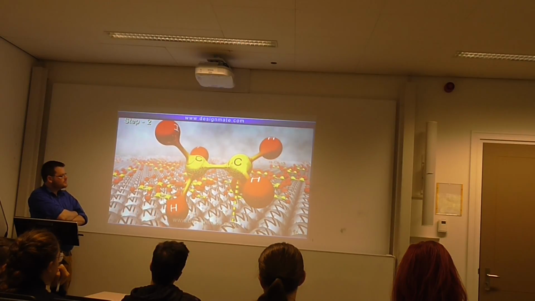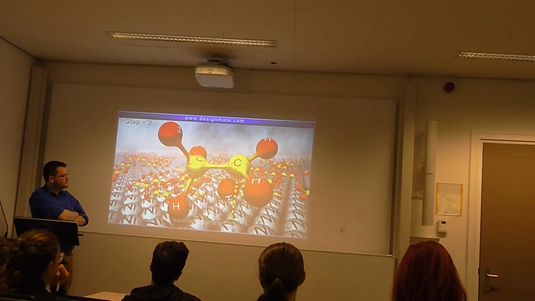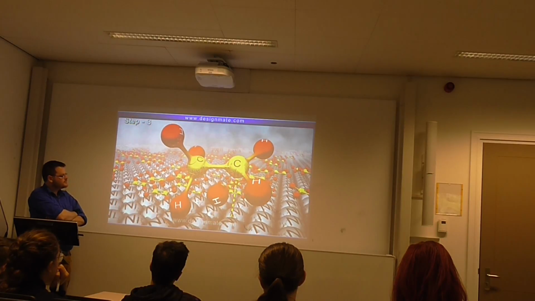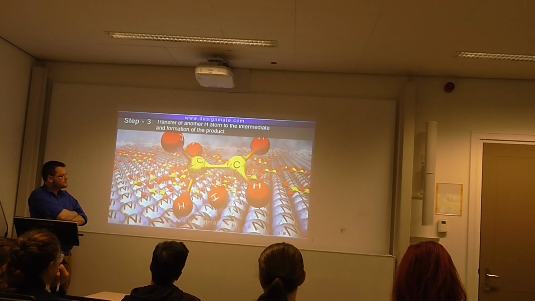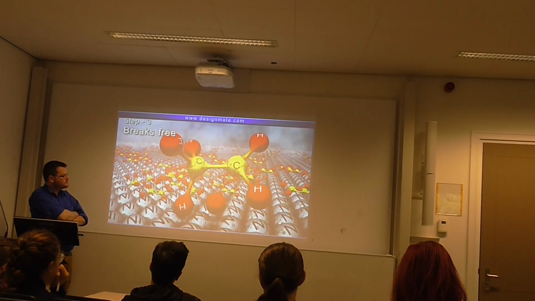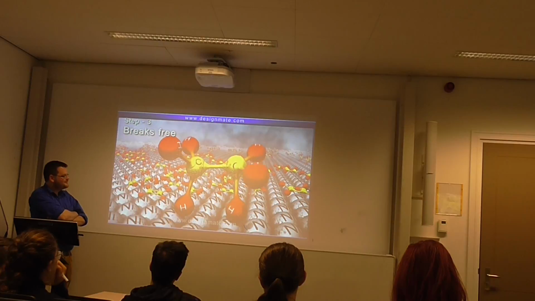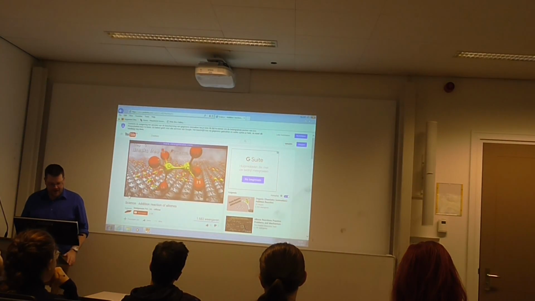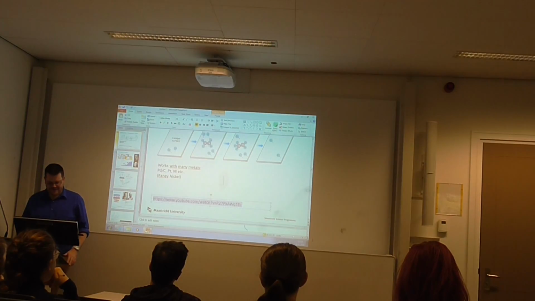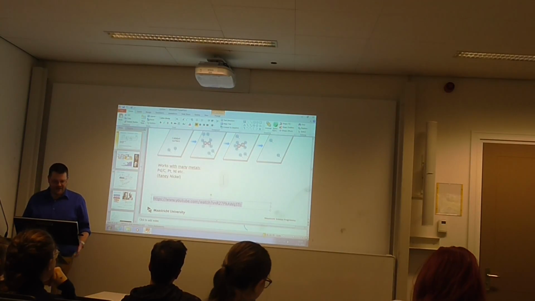The end of the original ethene, where a new bond is formed, now breaks free of the nickel surface, and eventually the other end also breaks free. Thus, the product ethane is formed.